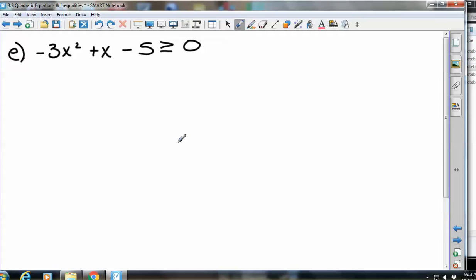Okay, first of all, if you're going to do box method, what has to be true about your square term? Has to be positive. So what do I need to do first? Okay, if you multiply by a negative 1, what happens to your inequality? It flips.